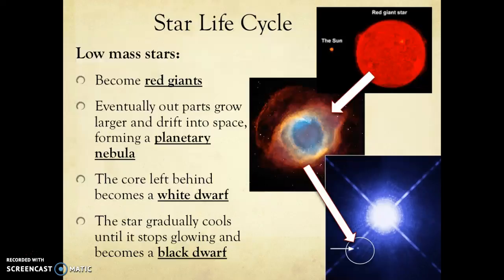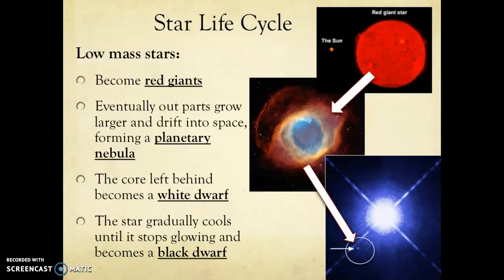Now, in the center of that planetary nebula is the core of the original star. And that core becomes what we call a white dwarf, which is a very small star. Now, in the bottom picture, there's actually two stars there.